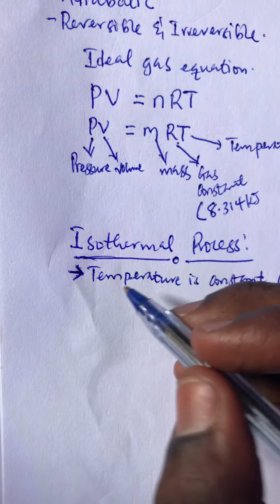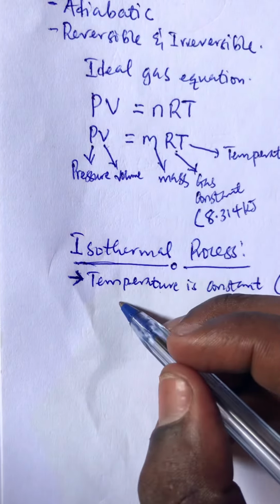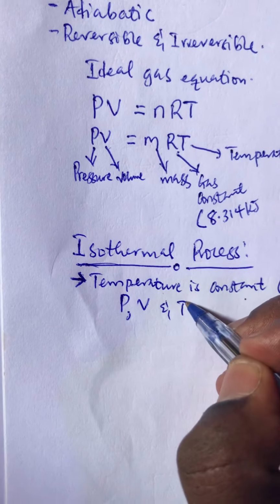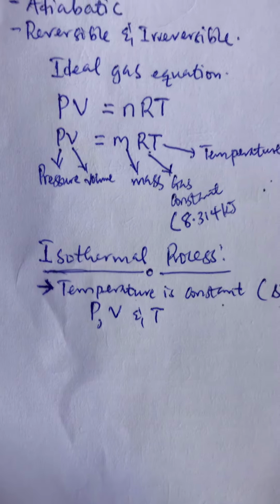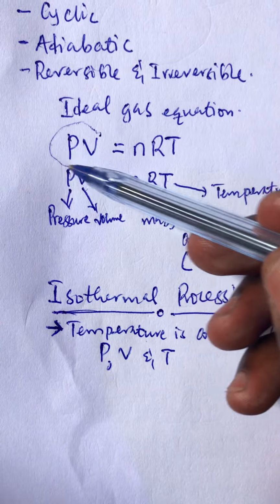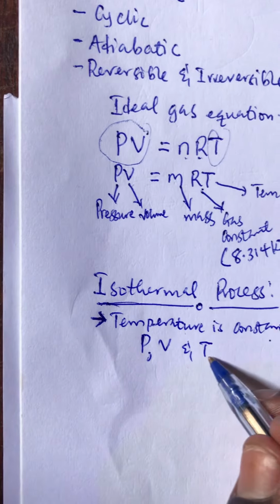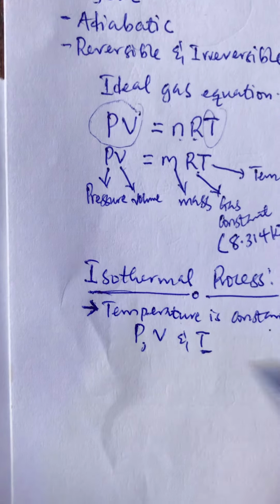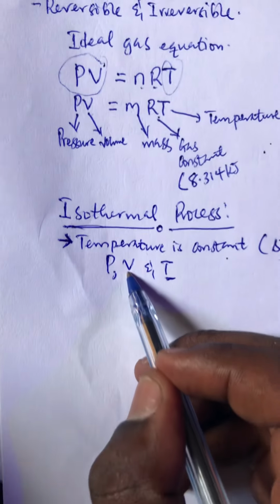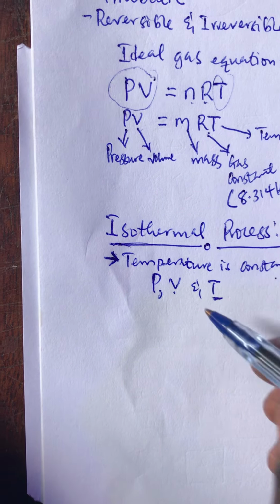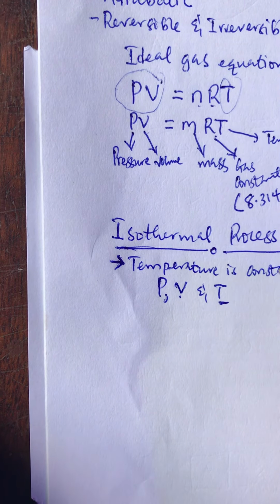When we are examining this, we mainly use 3 properties: pressure, volume, and temperature. Those are the 3 properties in this equation, PVT, because n and R are constant. So whenever temperature is constant, that means pressure and volume are changing.